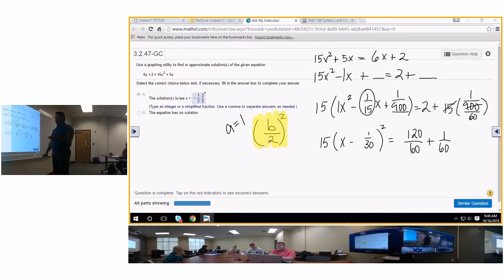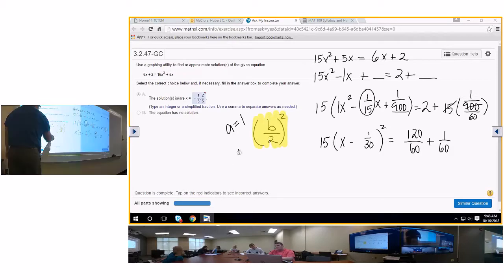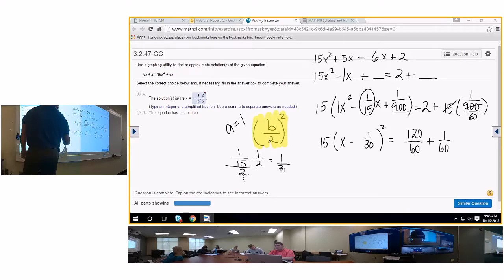So I'm going to go over here and do b divided by 2. 1 divided by 15 divided by 2. Well, when you divide, you're dividing 2 over 1. So that's going to be multiplied by the reciprocal. 1 over 30. And then you square 1 over 30. And that's 1 over 900.